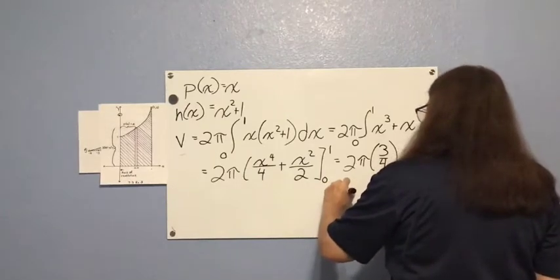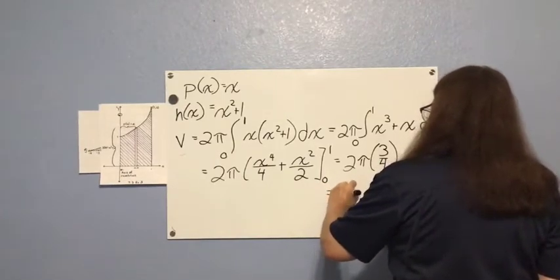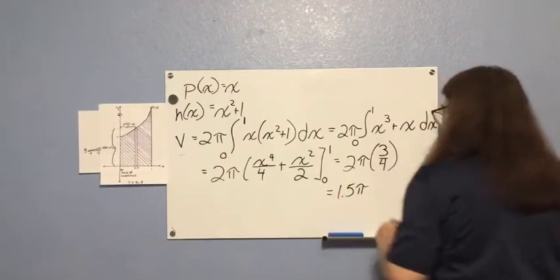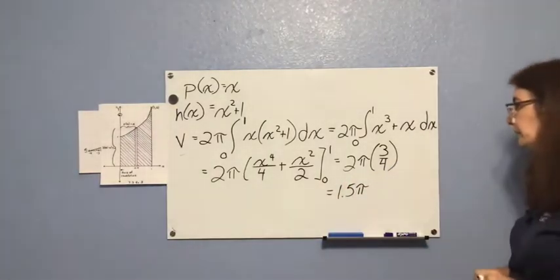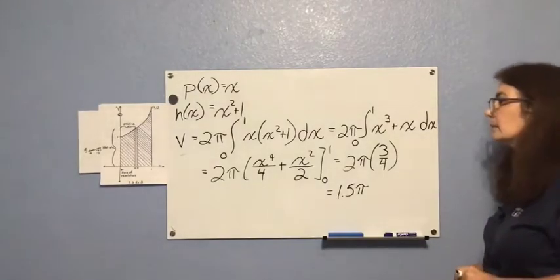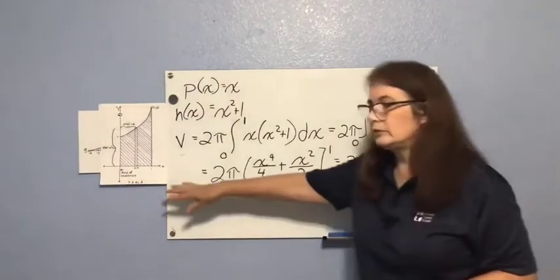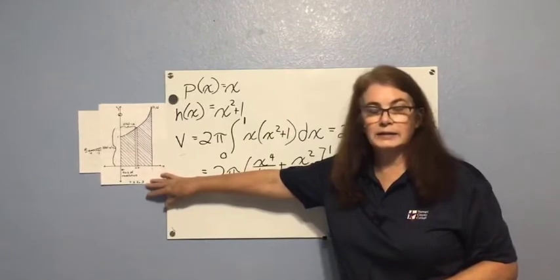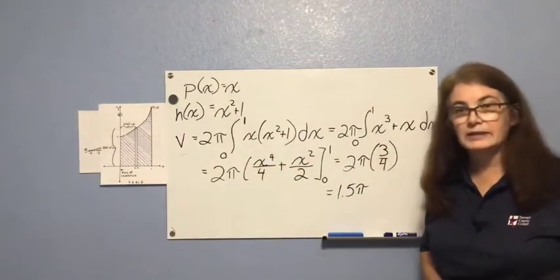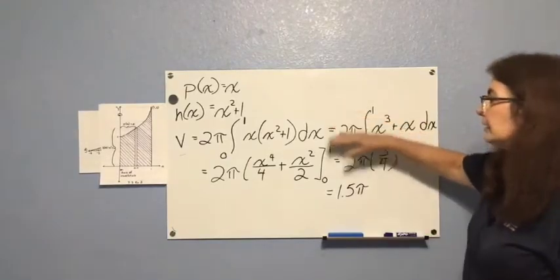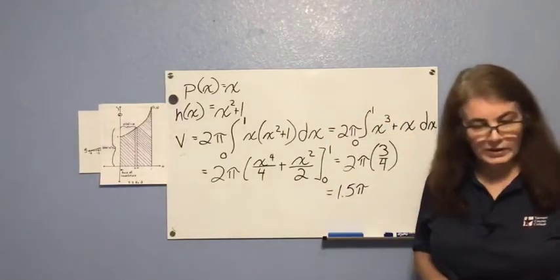So my final result is 1.5 pi. Or you could say 3 pi over 2. So if you look back at the other example of this, I think you'll see that we got the same volume, but in this case I only had to integrate one time.